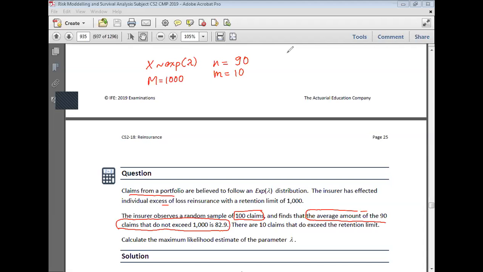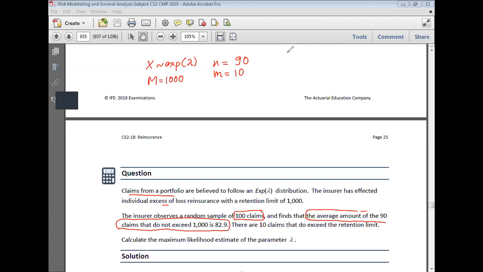So again, if I were now to write the likelihood function and try to figure out the optimal estimator for my parameter lambda using MLE, what should be my next step? So again, we will break it into two parts.